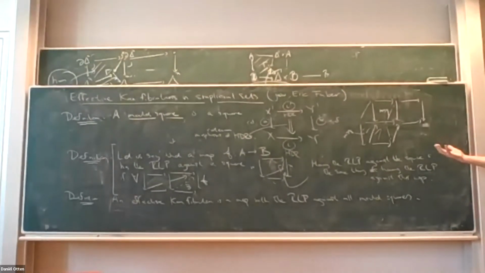And initially you might wonder where all these compatibility conditions come from, but given the fact that these mold squares live quite naturally in a triple category, I think these are quite natural conditions to impose.